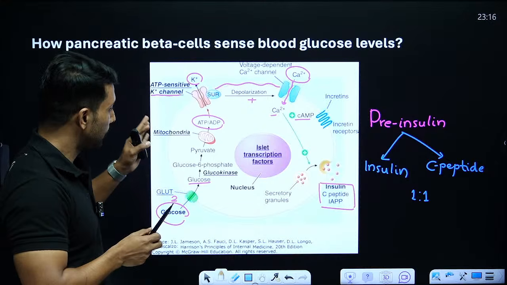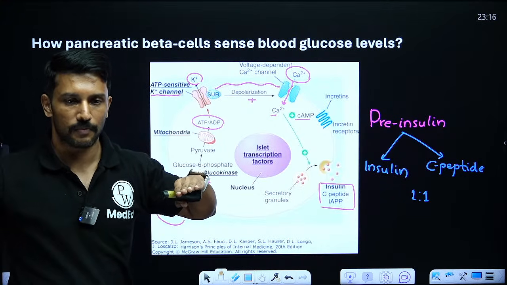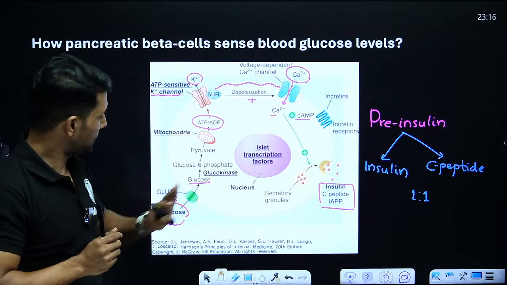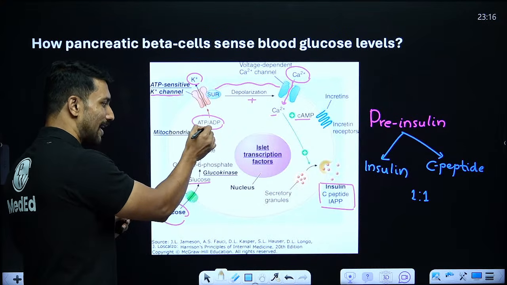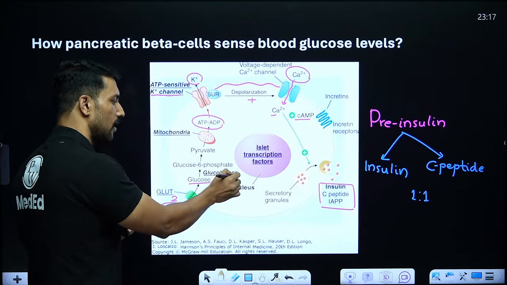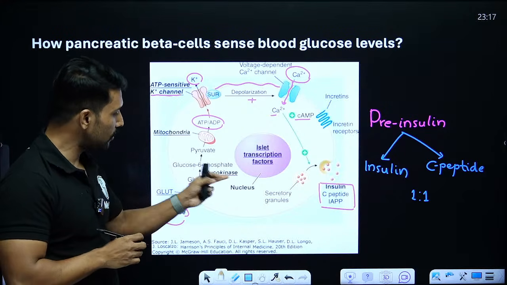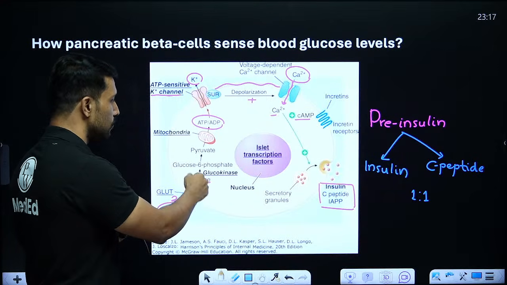So here, beta cell mass is not depleted, insulin's action is fine, but sensing the glucose or releasing the insulin is the main problem. Just to give you an example, when you see this pathway, glucose conversion to ATP includes a very important rate limiting step catalyzed by glucokinase. So if there is a mutation in this glucokinase in the beta cells, then I may not be able to convert this glucose to ATP.